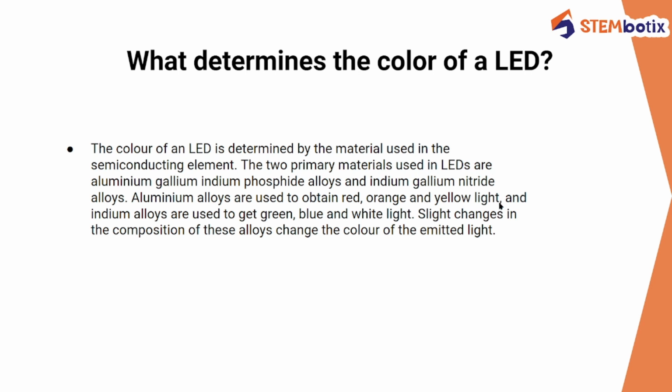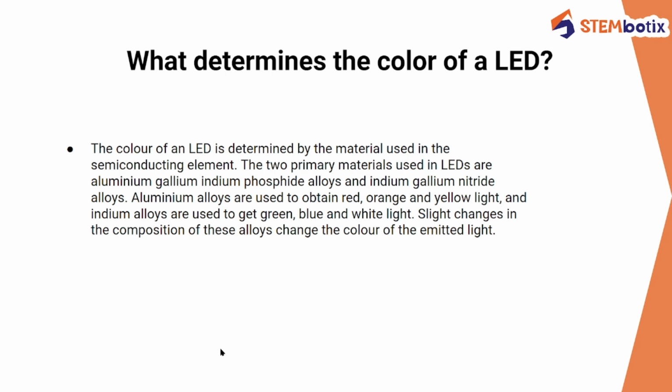So whenever you want to obtain red, orange or yellow light, you will have to go with these aluminum alloys. And indium alloys are used to get green, blue and white light. So whenever there is a necessity of green light, blue light or white light, you will have to go with indium alloys. A slight change in the composition of these alloys changes the color of the emitted light.